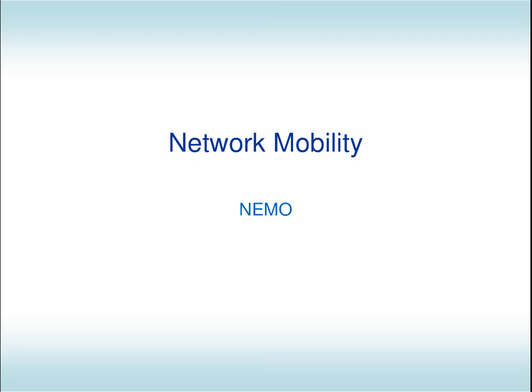The example is you have a car, a vehicle. Inside is its own network of people, of devices, all communicating via one internal network, and that network is moving through another network, and supporting that is the aim of network mobility, or NEMO.